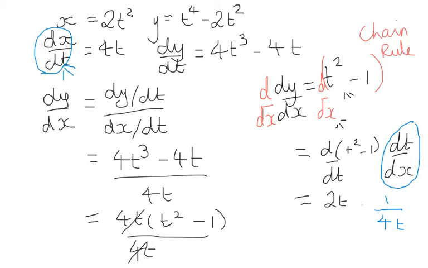So we just need to multiply 2t by 1 over 4t, 2t over 4t, and then the t's cancel top and bottom, 2 over 4 equals a half. So in the end, the second derivative, d squared y dx squared, is equal to a half.